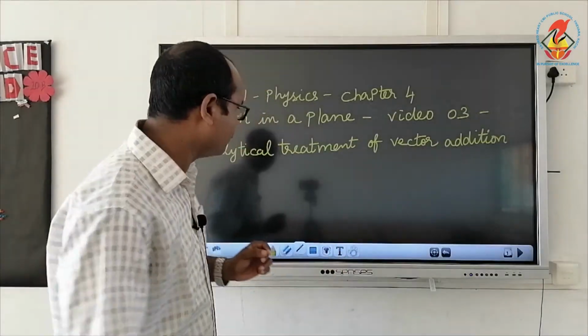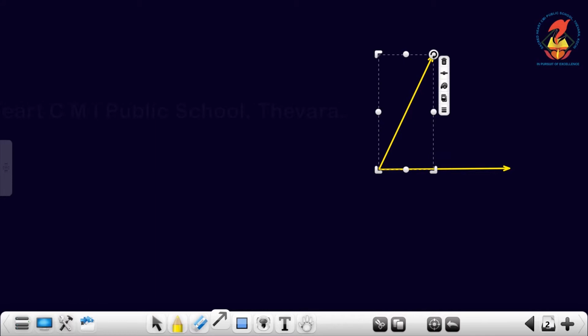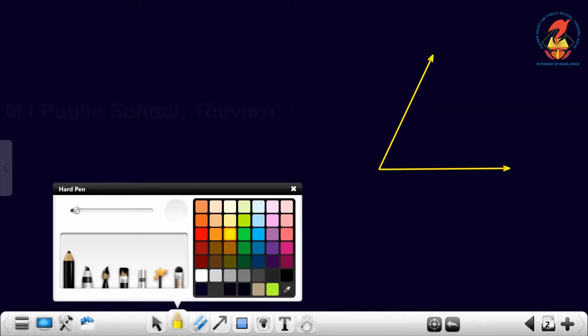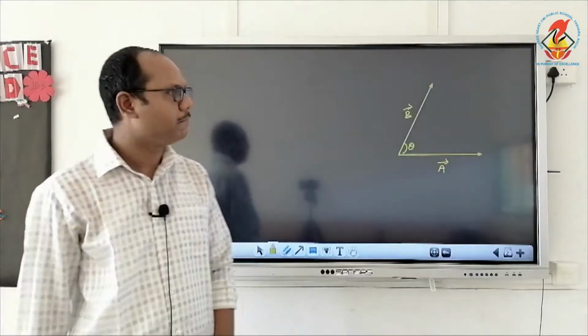Please look at the board. Suppose this is vector A, and I am drawing another vector, which is vector B. The angle between the two vectors A and B is marked as theta.